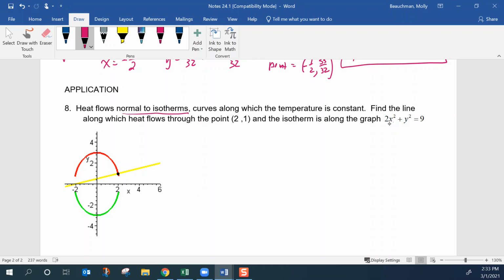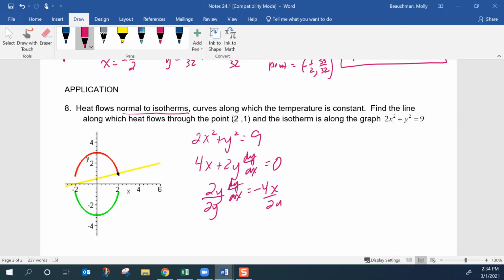The derivative of 2x squared plus y squared equals 9 is 4x plus 2y dy/dx equals 0. Take 4x to the other side. Divide both sides by 2y. Our derivative dy/dx is equal to negative 2x over y.